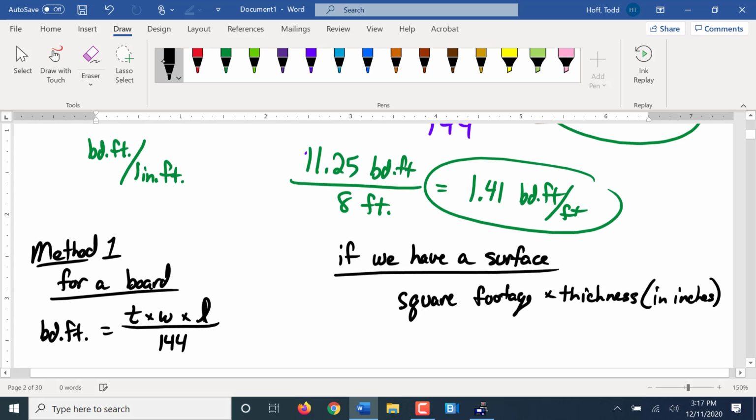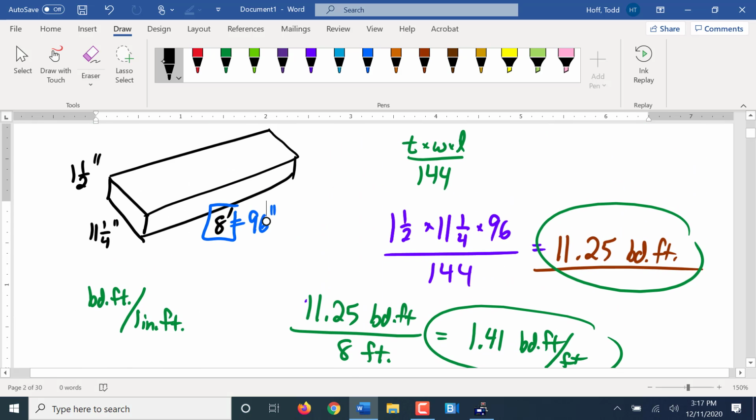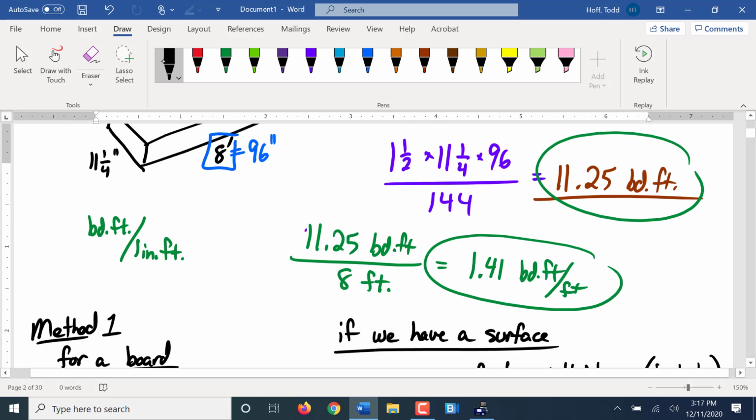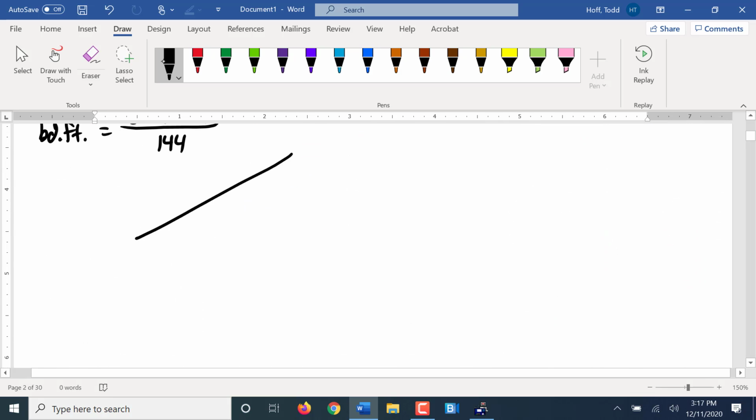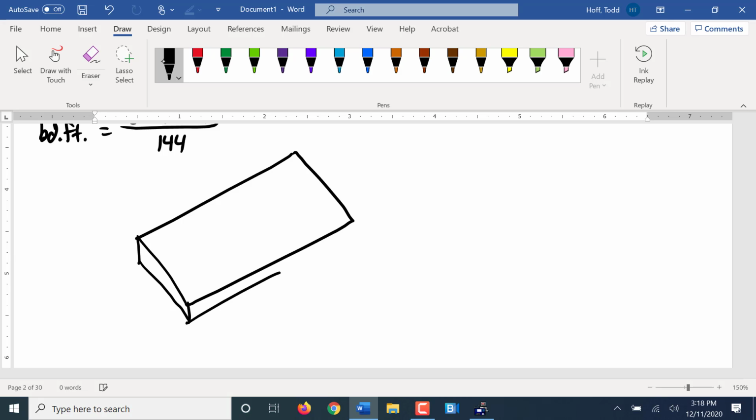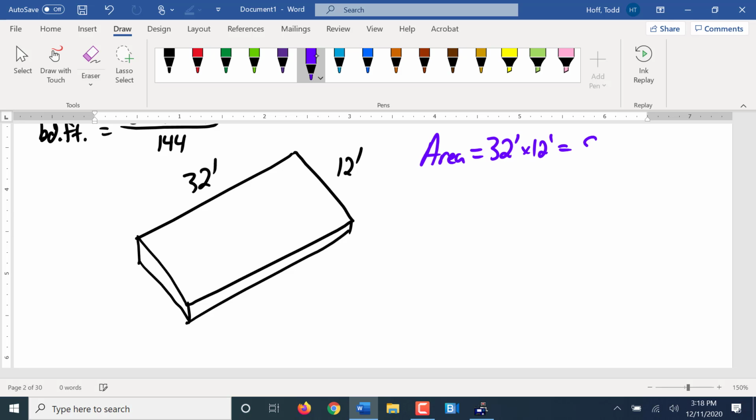So let's say that we're going to use these 1.5 by 11.25 inch boards that we found up here to cover a deck that is 12 feet by 32 feet long. What is the square footage of that deck? The area of the deck. There we go. 32 feet by 12 feet is 384 square feet.